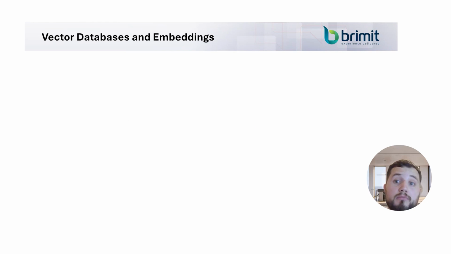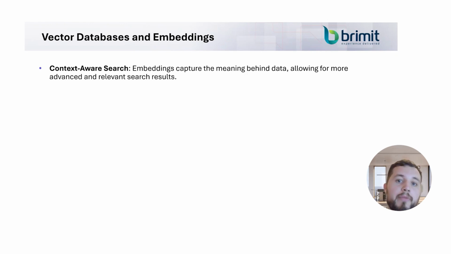I want to talk about embeddings because embedding is at the heart of multimodal search. Embedding changes data like words, images, video into vectors. These vectors capture the meaning and context of the data, making search smarter. Unlike normal searches that only match exact words, embedding helps the system understand the relationship between words.